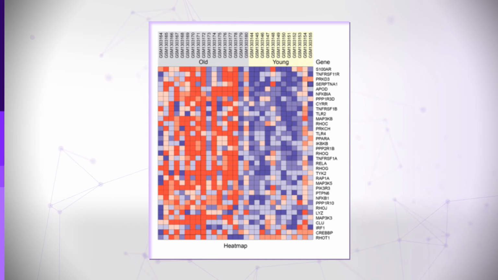We can see that for some genes, in red, there is an upregulation of expression in older people compared to the lower level of expression in blue for younger people. Such studies could enable us to identify and subsequently to understand the roles of specific genes in aging.